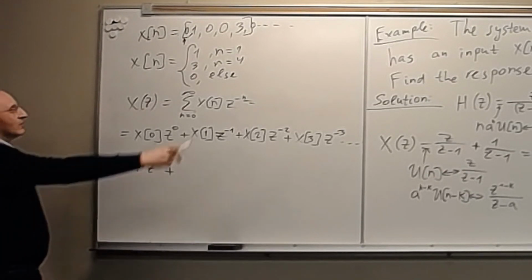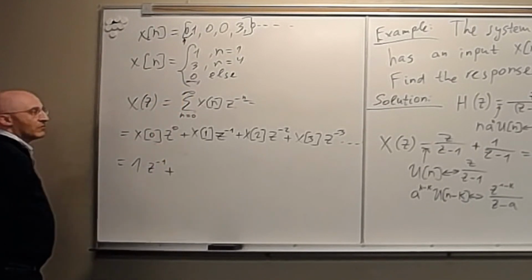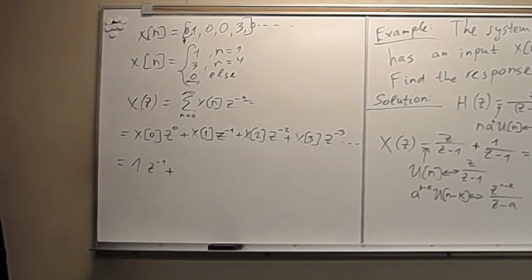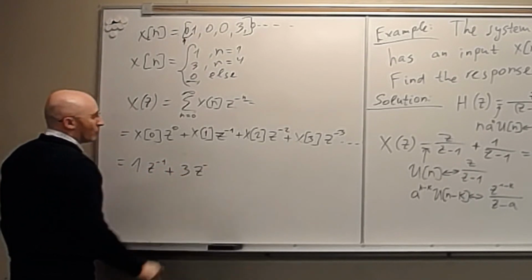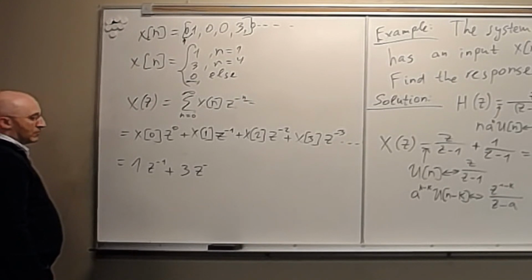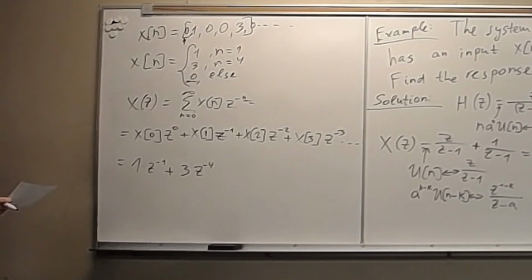You don't have any x for n equals 2. It falls in that category. How about x3? Also 0. How about x4? That's 3. 3 z to the power of minus what? That's 4. Okay. So this was easy for us.